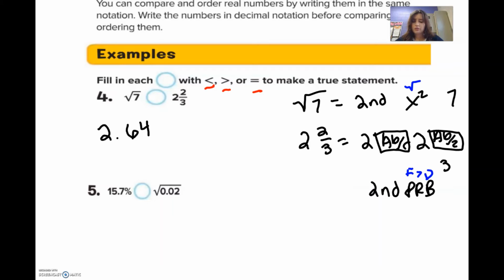So second, PRB, 2 ABC 2, ABC 3, second PRB, enter. Now this one is 2.666. So when we're comparing these, because it's 2.66, we know that 2 2/3 is greater than.